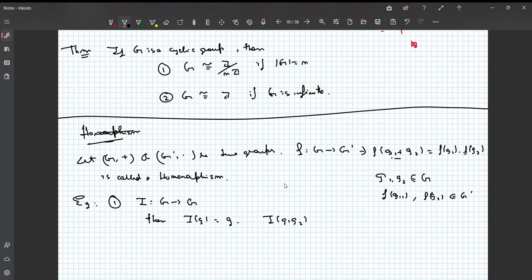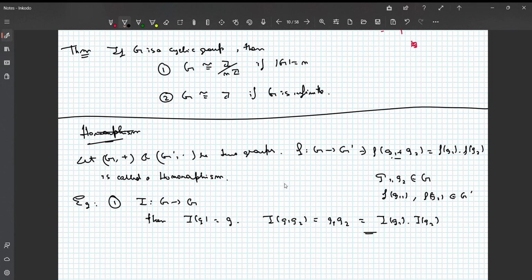So I of G1 G2 is nothing but G1 G2 itself, which is the image of G1 times the image of G2. So it's a homomorphism.